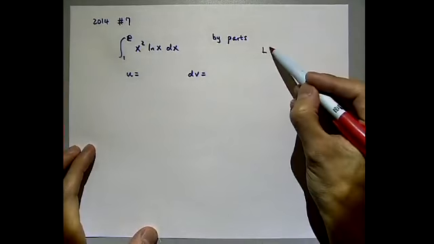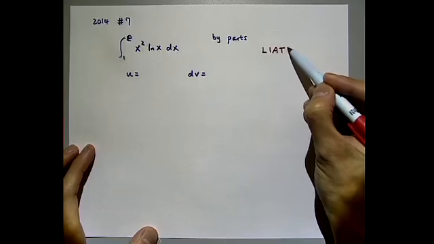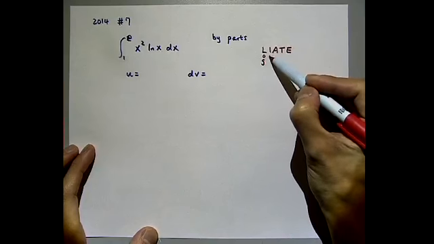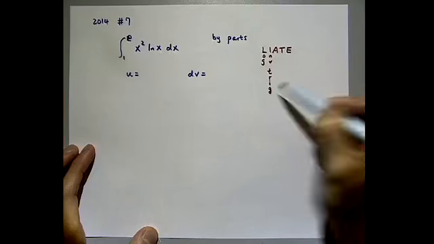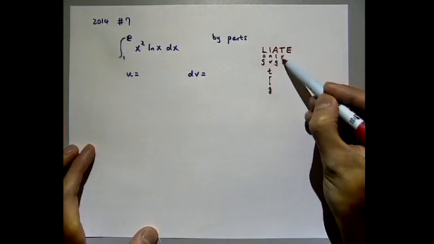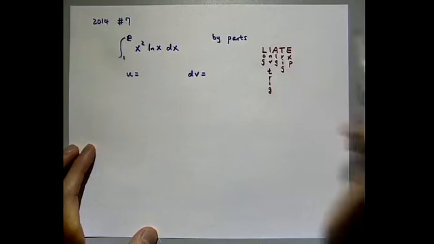Log first, inverse trig, algebraic, trig, exponential. It's hard to write vertically, but there we go. So that's the order we choose our u, right?